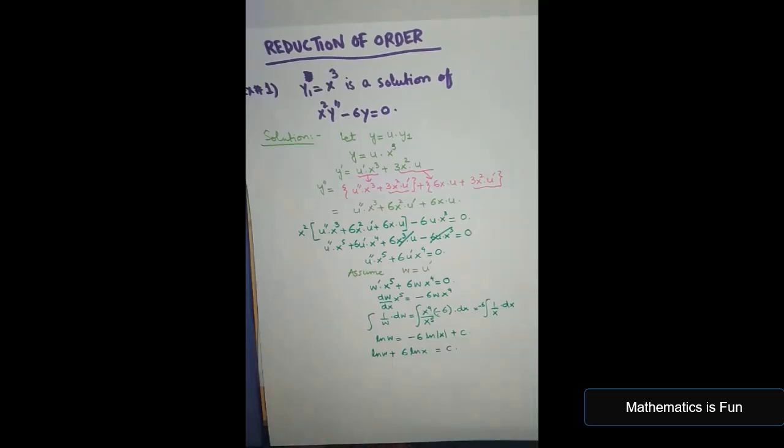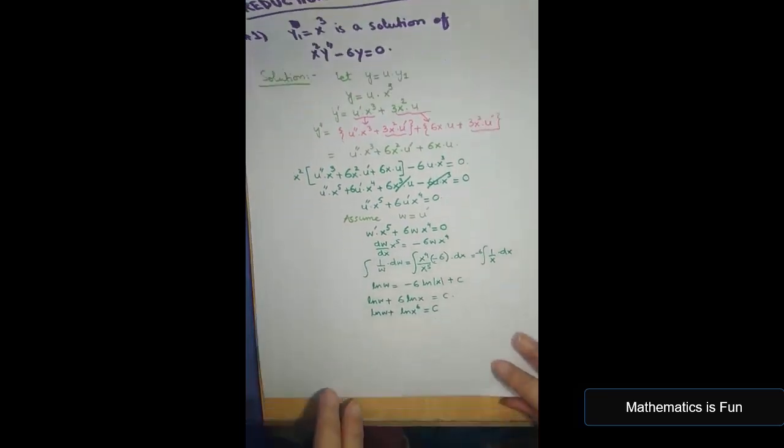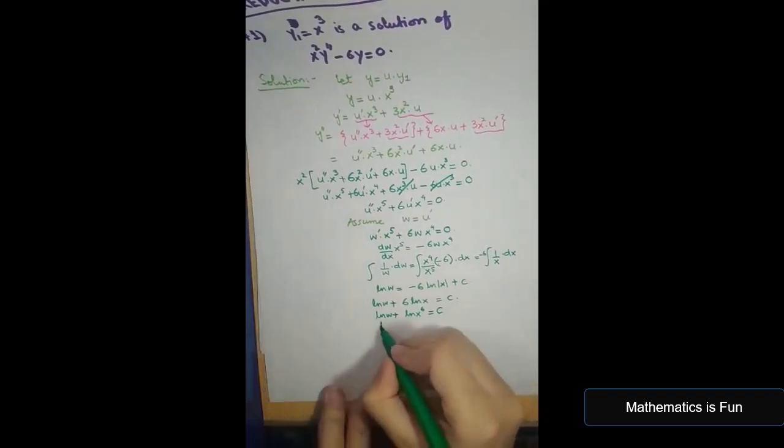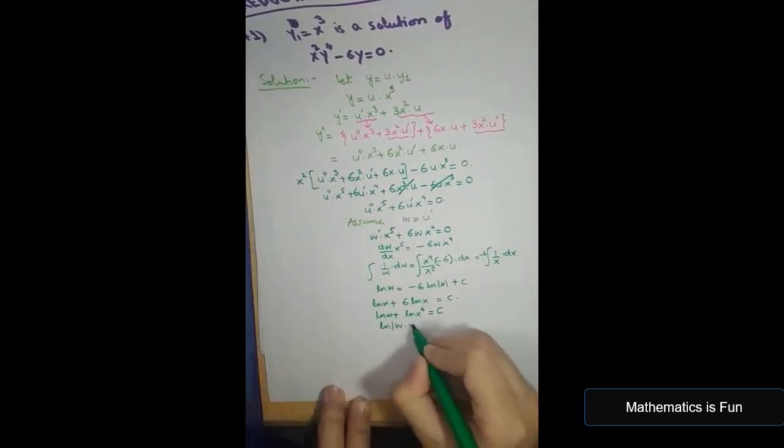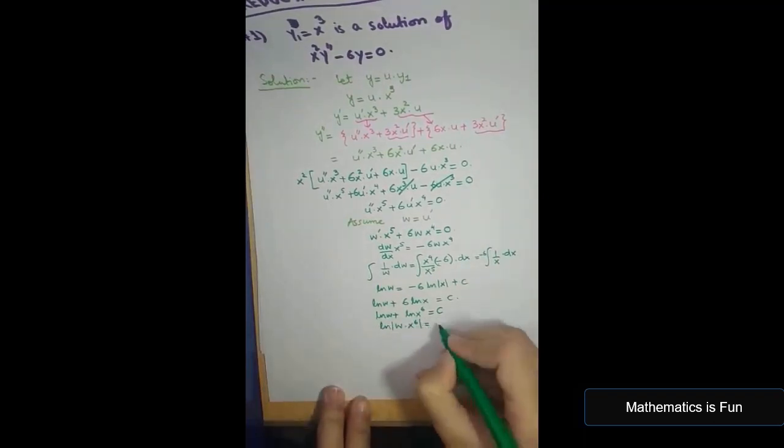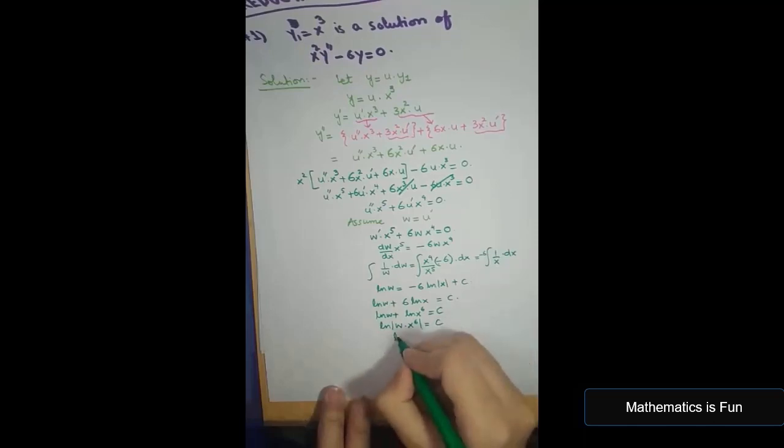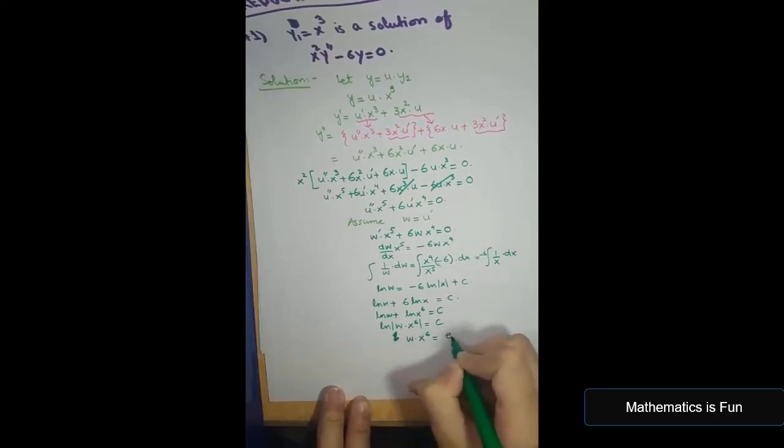Right. Next step: natural log of w plus natural log of x to the power 6 equals c. Next step, w times x to the power 6 equals c, and w x to the power 6 equals e to the power c.